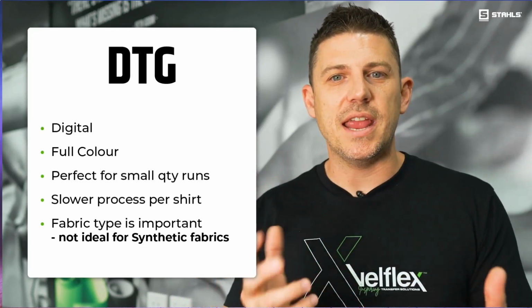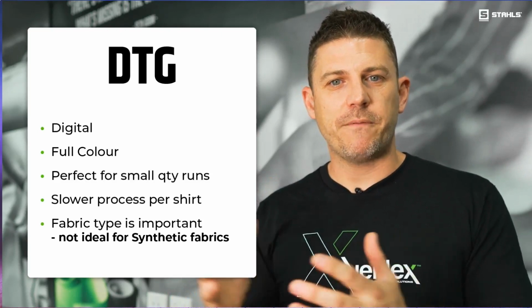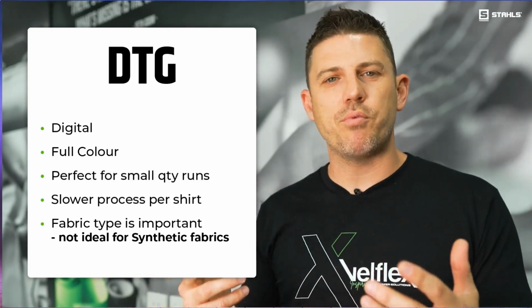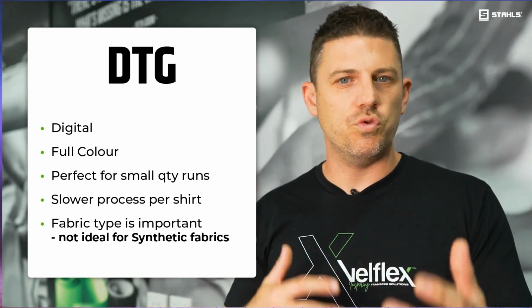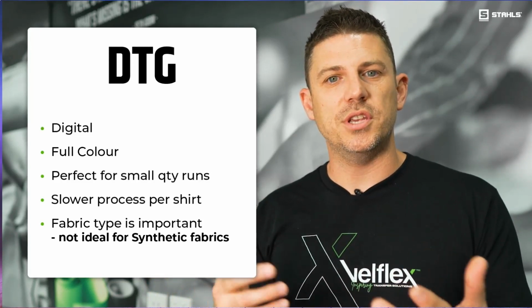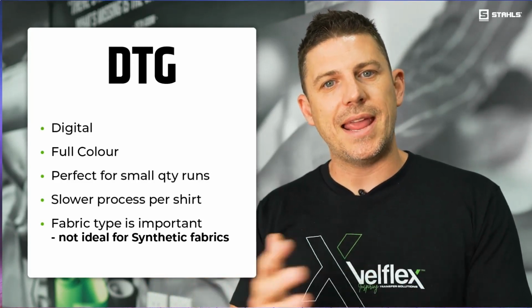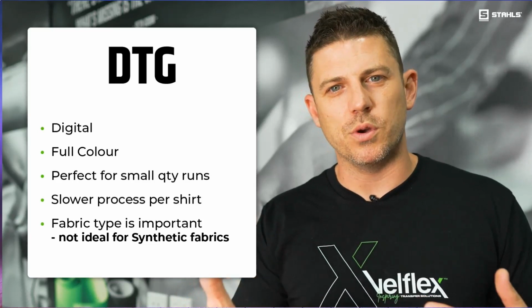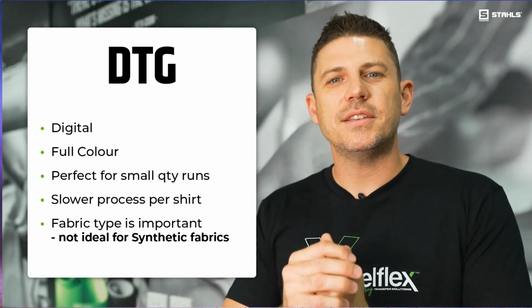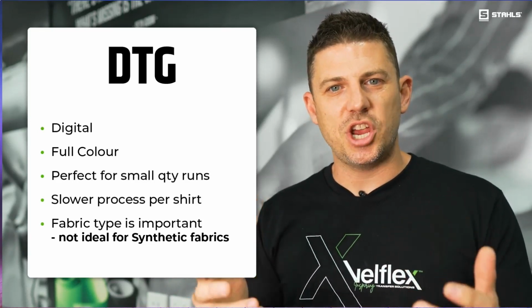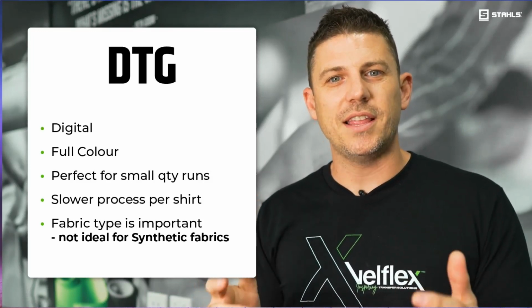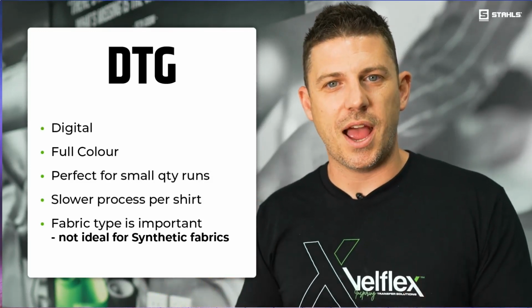Printing technology needed to adapt. So stepping on from screen print, they went, how do we print garments that have full designs and full colors? Well, we need to use a digital process and print that ink down just like you do printing onto a piece of paper at home, right? So with DTG, it is printing directly, digitally onto the garment, okay?